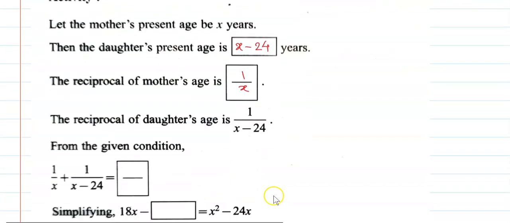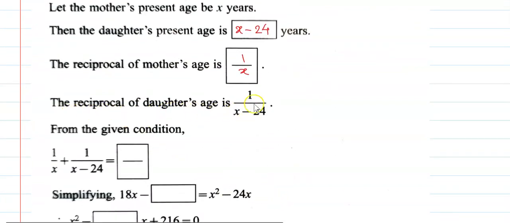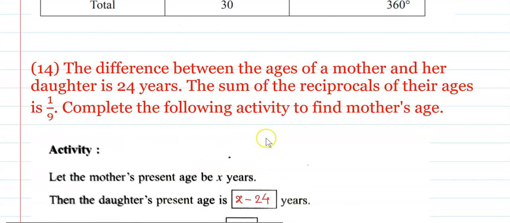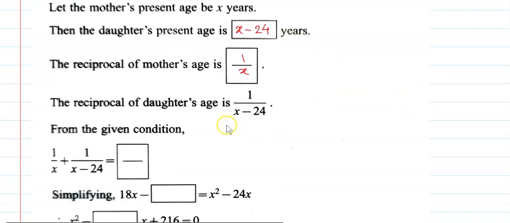The reciprocal of mother's age is 1 upon x. Next, the reciprocal of daughter's age is 1 upon x minus 24. And according to the given condition, the sum of the reciprocals of their ages is 1 upon 9.